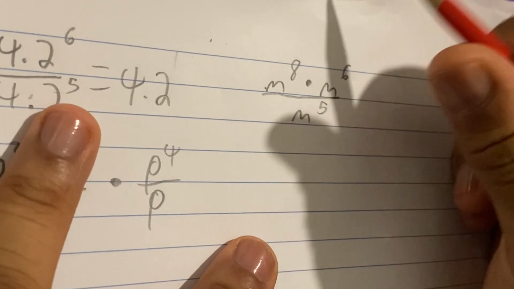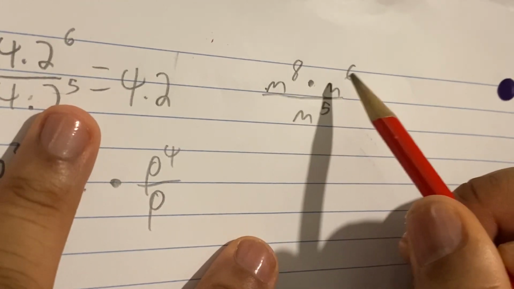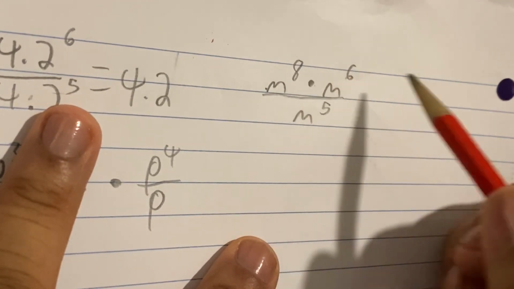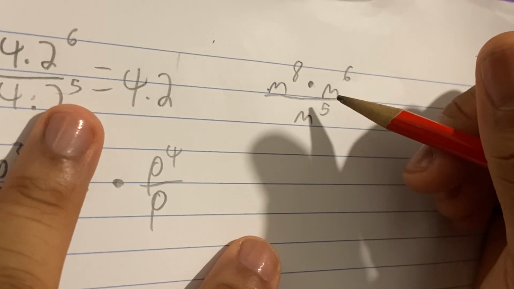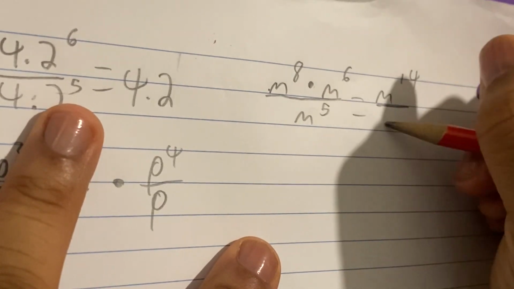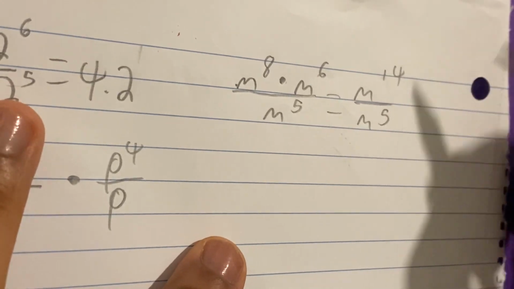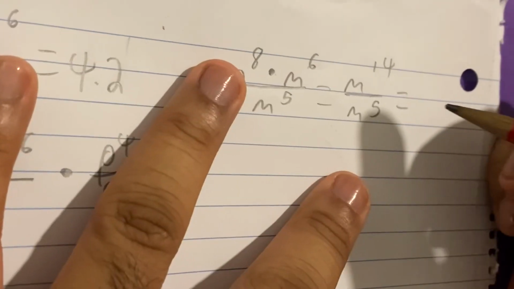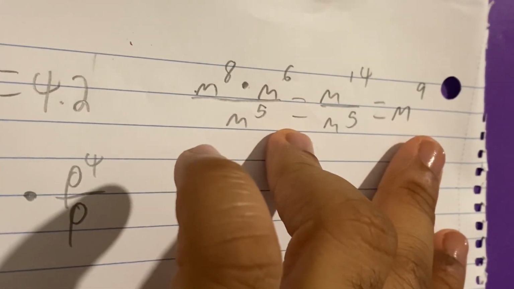First you're going to multiply these two, or basically add the two exponents. So 8 plus 6 is 14. So it's going to be m to the 14th power over m to the 5th power. And then as we know, we're just going to subtract. So 14 minus 5 is 9. So our grand answer is going to be m to the 9th power.